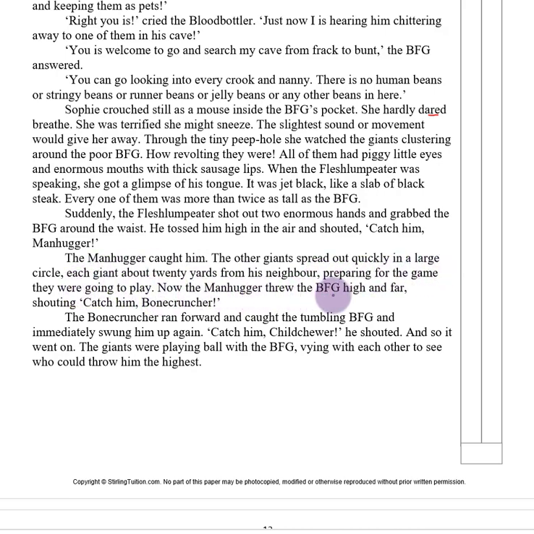Now the man-hugger threw the BFG high and far, shouting, "Catch him, Bone Cruncher!" The Bone Cruncher ran forward and caught the tumbling BFG and immediately swung him up again. "Catch him, Child Chewer!" he shouted, and so it went on. The giants were playing ball with the BFG, vying with each other to see who could throw him the highest.